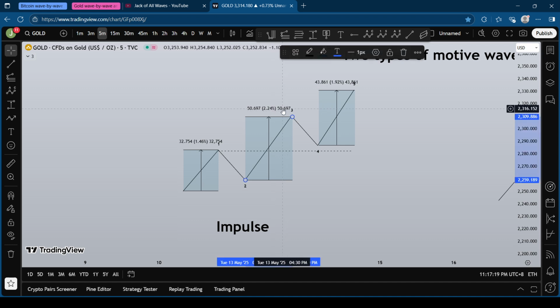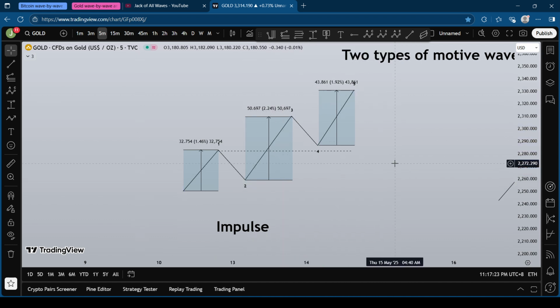Wave 3 is not the shortest among these waves 1, 3, and 5. Wave 2 did not go beyond the origin of wave 1, and wave 4 did not overlap the territory of wave 1. So for it to be considered an impulse wave, it must satisfy the three cardinal rules of Elliott wave theory.